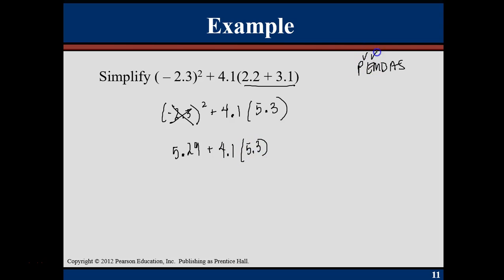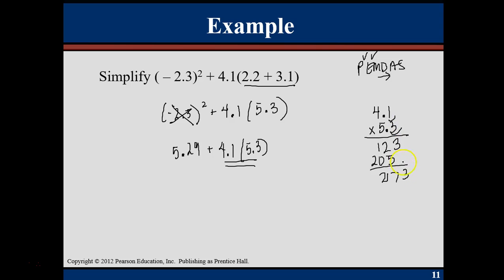Now that my parentheses and exponents are done, I'm looking at multiplication and division left to right. So I'll need to multiply 4.1 times 5.3, although we're going to multiply as if it was 41 times 53. 3 times 1, 3 times 4. 5 times 1, 5 times 4. Add.